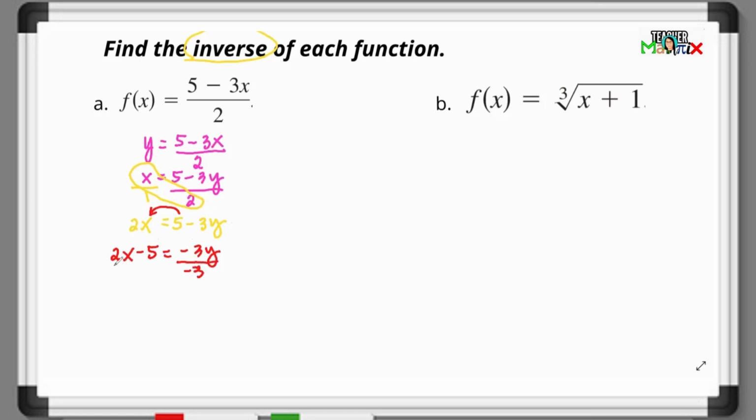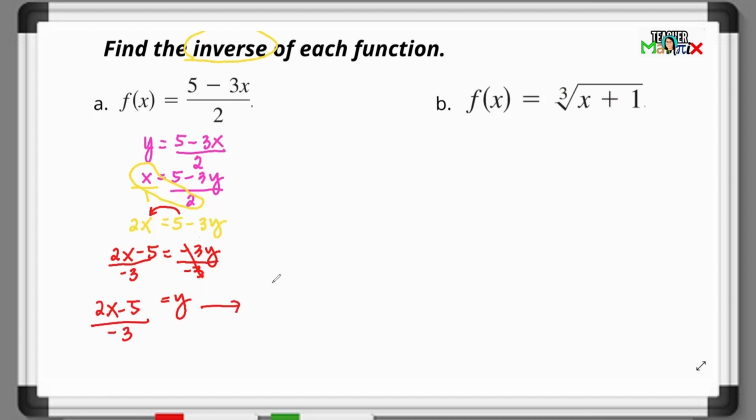Negative 3, negative 3. Then cancel. We have now this y, (2x minus 5) over negative 3.